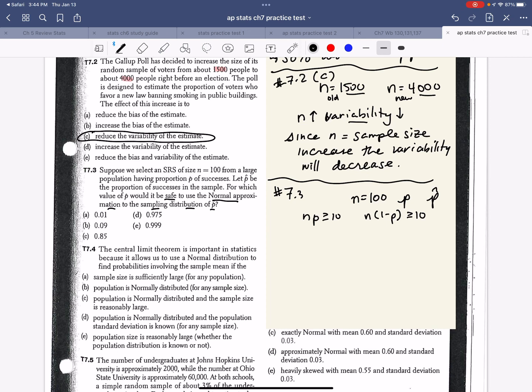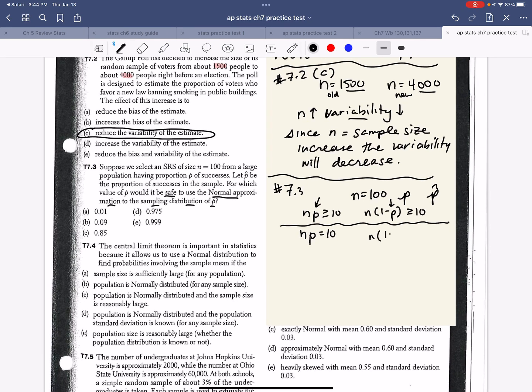So if we set these equal to 10, we can figure out what they're asking us to solve for. We'll just change this 10% condition to NP equals 10 and N times 1 minus P equals 10. And we know N is 100, so we'll substitute this in. If we divide both sides by 100, we get P equals 0.10. So that's why they call it the 10% condition. All right, now what about the other way around?